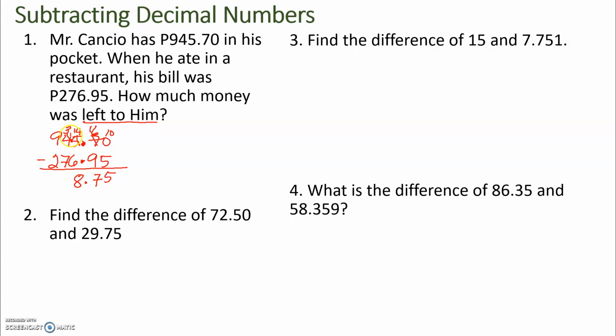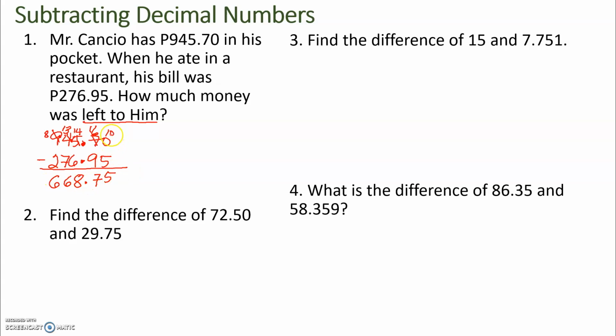And then 3 minus 7 cannot be. We will also borrow from this digit here, which is 9. 9 becomes 8, and the 3 here becomes 13. 13 minus 7 equals 6. Okay, so 8 minus 2 equals 6 also. So that's our answer.